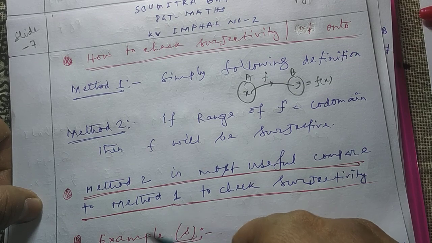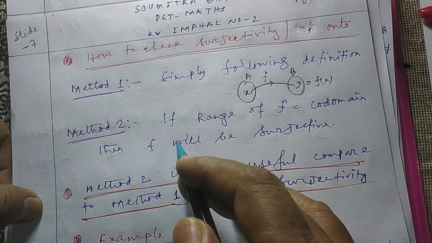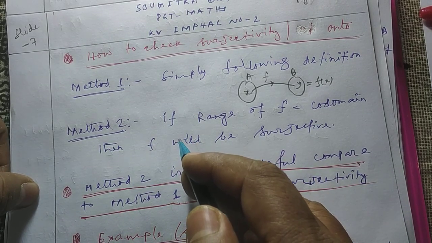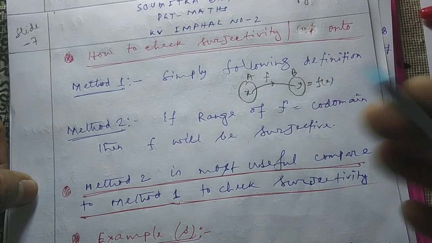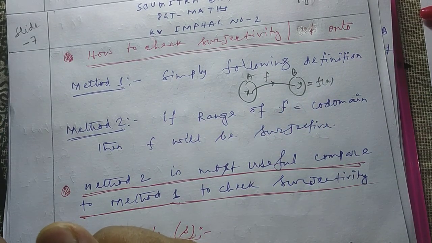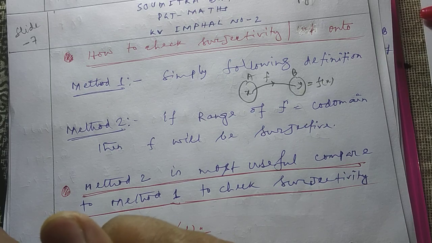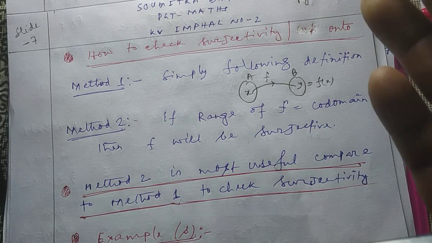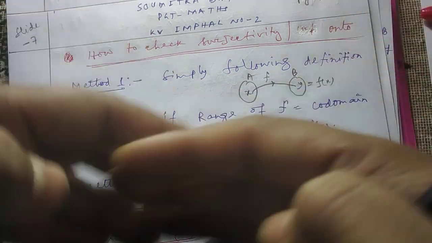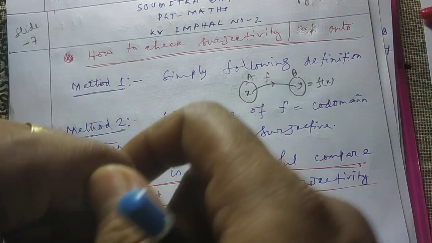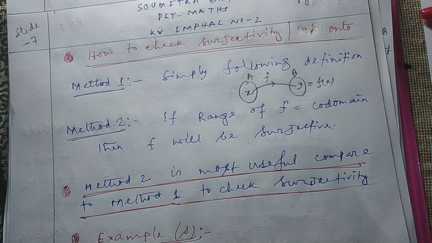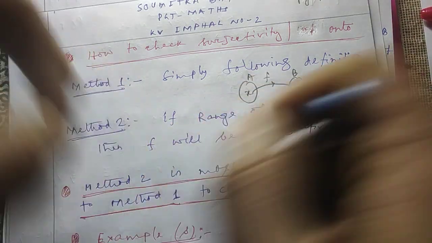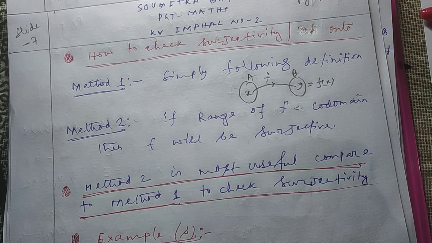Again I am saying about method 2: a function will be surjective if its range is equal to its codomain. First find the codomain and range, then compare. If both are equal, it will be surjective; if not, it will not be surjective. Understood?